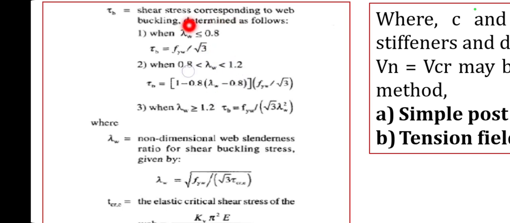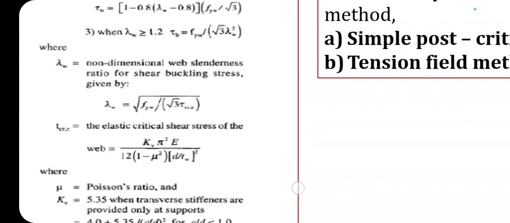When lambda w is less than or equal to 0.8, tau b is equal to fyw divided by root 3. When lambda w is between 0.8 and 1.2, tau b is equal to 1 minus 0.8 into bracket lambda w minus 0.8, multiplied by fyw divided by root 3. And when lambda w is greater than 1.2, tau b is equal to fyw divided by root 3 lambda w squared, where lambda w is the non-dimensional web slenderness ratio for the buckling stress, given as follows.